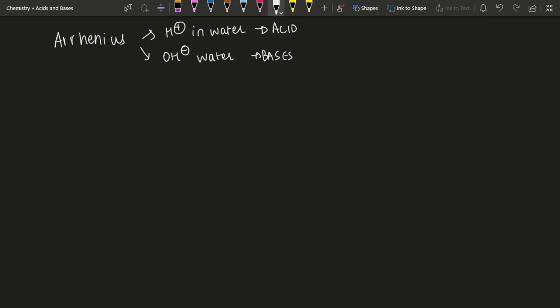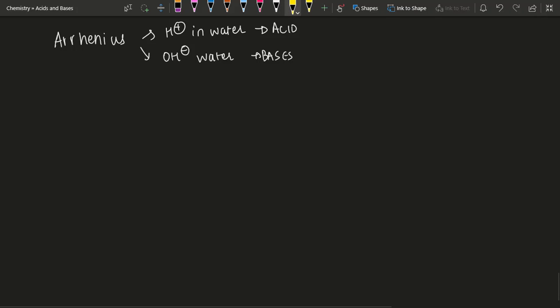Even though water is the solvent in the majority of the reactions that we usually see in chemistry, there are still a large number of reactions that involve anhydrous conditions, that is, reactions that do not involve water.